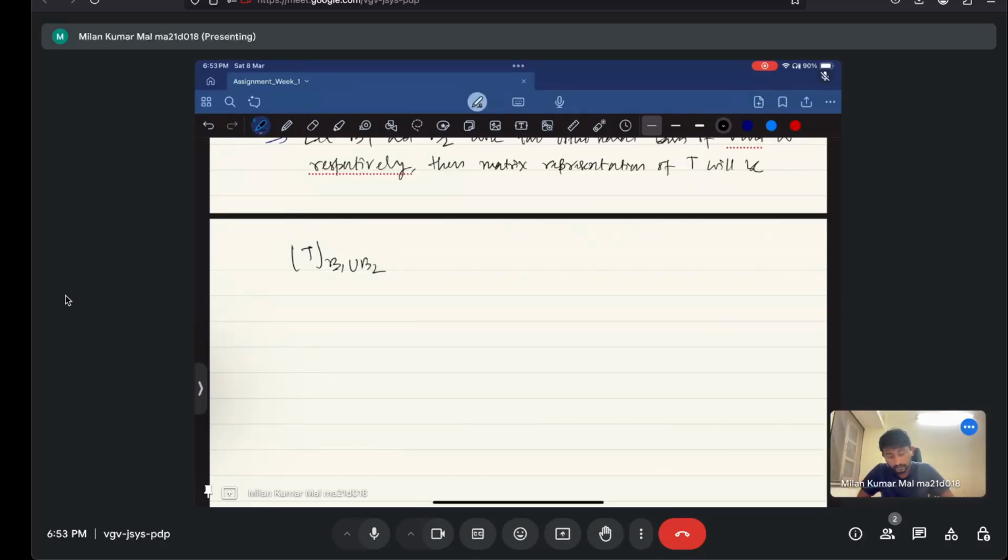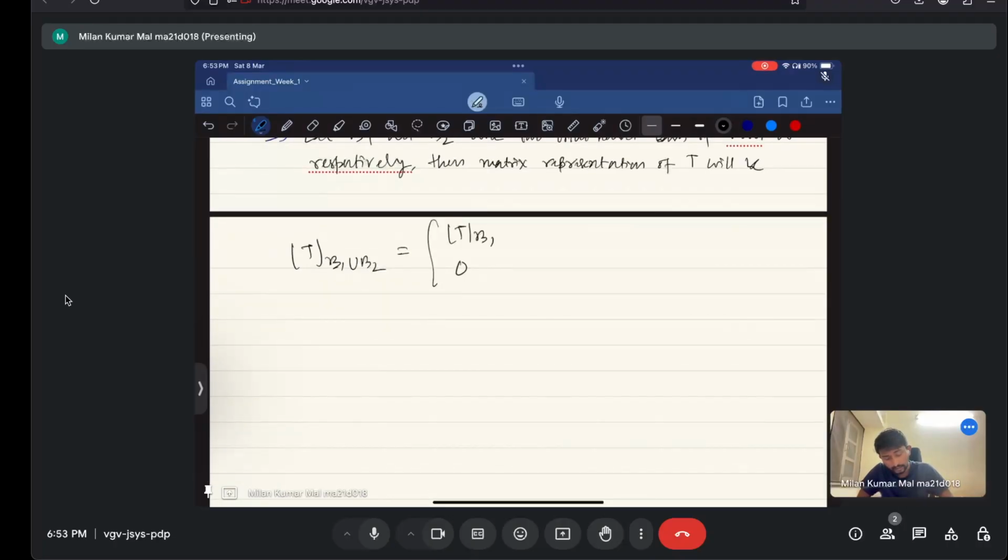In that way, one can write it as T beta 1, 0, 0, T beta 2.